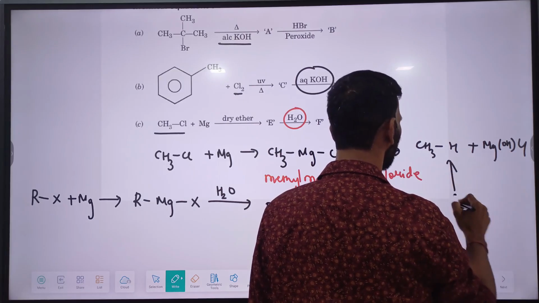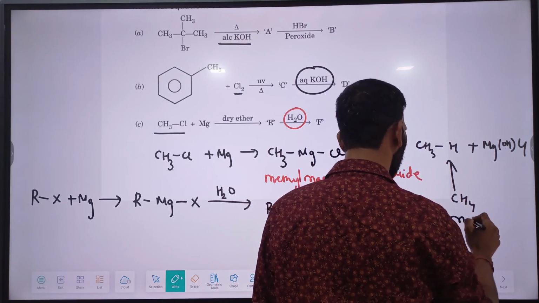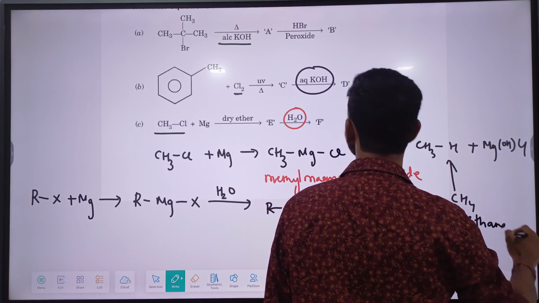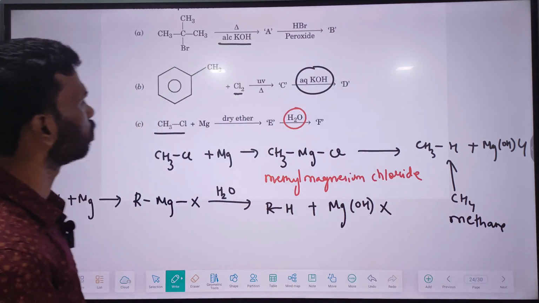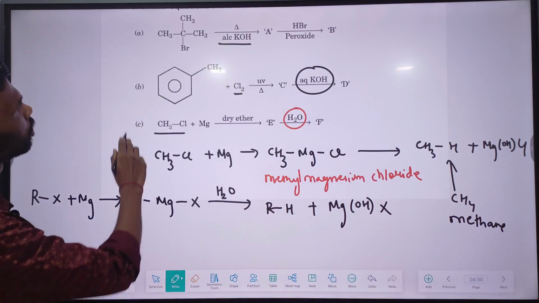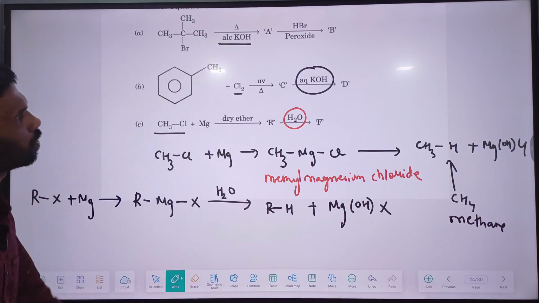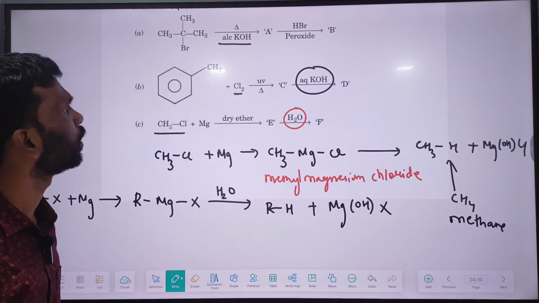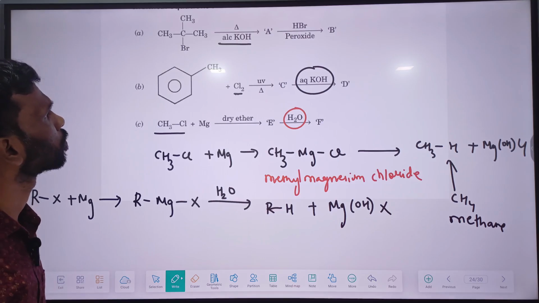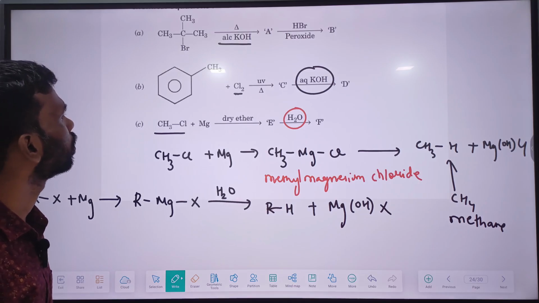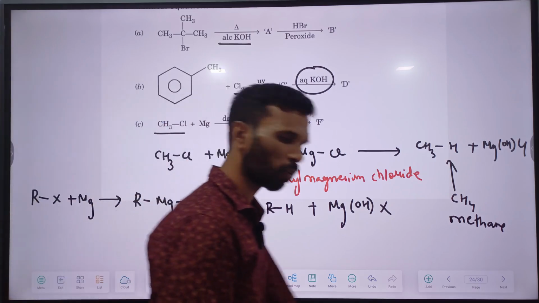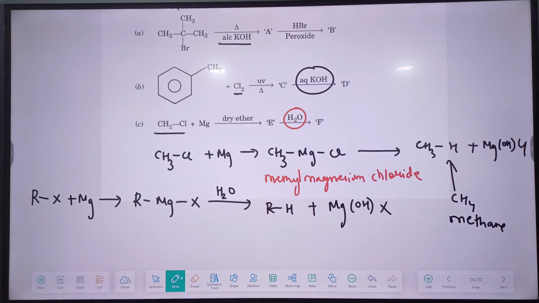CH3H means what? It is CH4, no? It is methane over here. So we understood what is A. In this case, A was 2-methylpropane, B was 1-bromo-2-methylpropane, C was alcoholic KOH, D. So we have sorted out all the reactions over here.